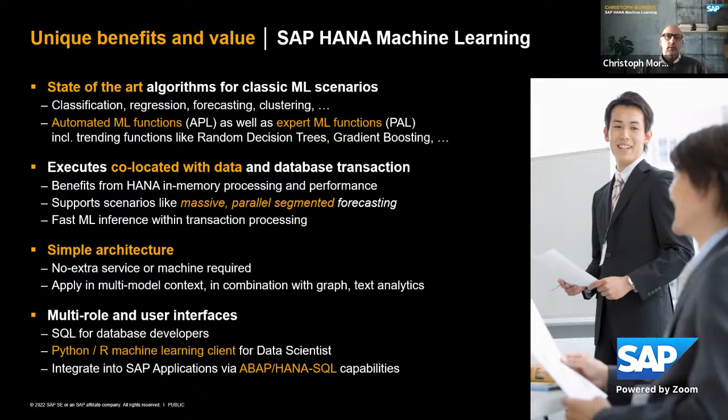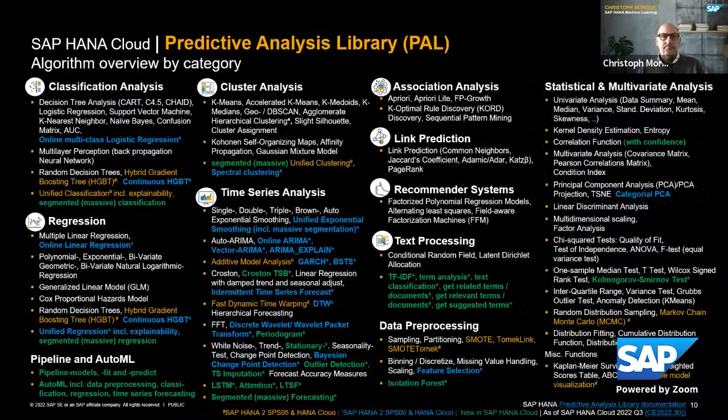So that's our paradigm as we implement the algorithms in SAP HANA. It's a simple architecture, and certainly a data scientist can leverage all the capabilities, as I mentioned, through the expert interfaces in R and Python.